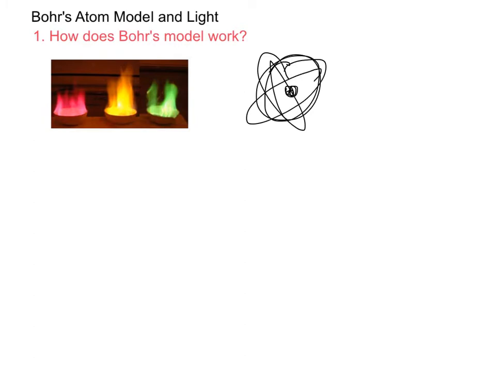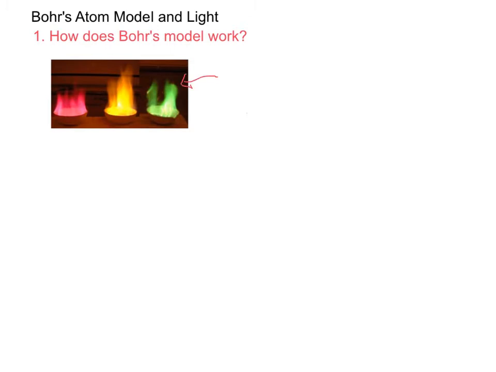And he didn't really say much about where the electrons were orbiting, and Bohr thought that wasn't a decent enough explanation for an atom, because Bohr and other scientists noticed that when you burn copper, copper always burns green, or sodium always burns orange, and strontium always burns red. And they thought that was odd and wanted an explanation for that. And so Bohr worked on a new model.